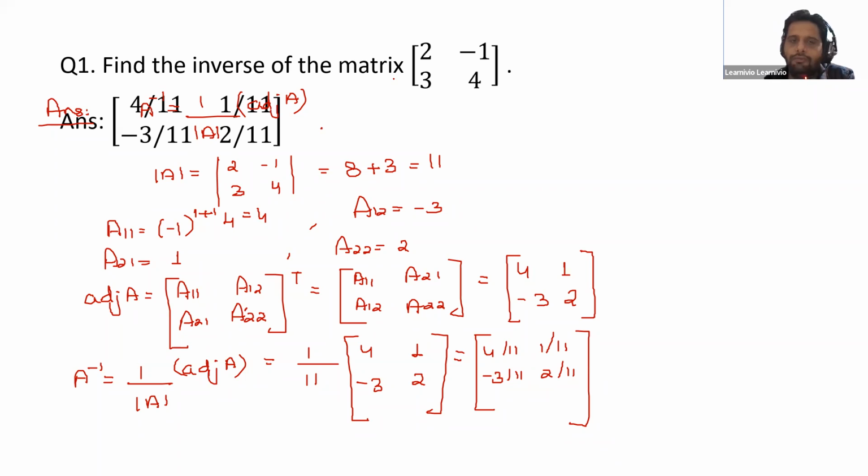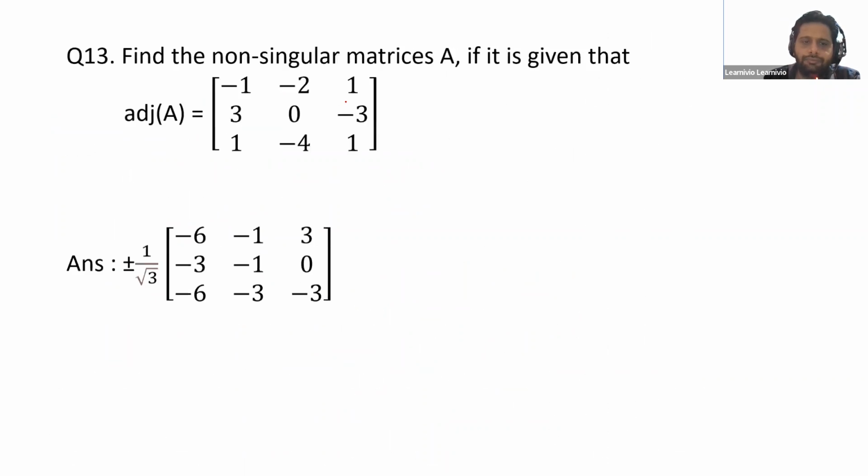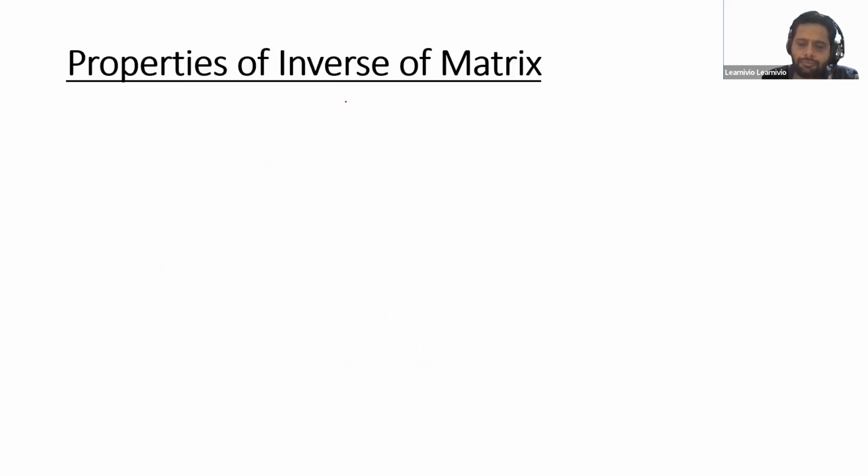Now we will start a new topic, which is application of inverse of a matrix. We have the properties of inverse of a matrix. You can note this down, and we will do some questions on the basis of these properties later on.